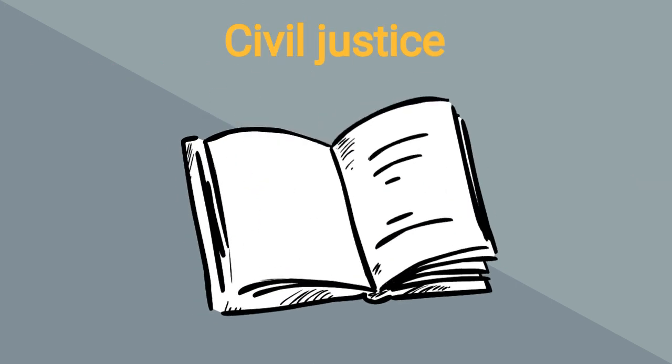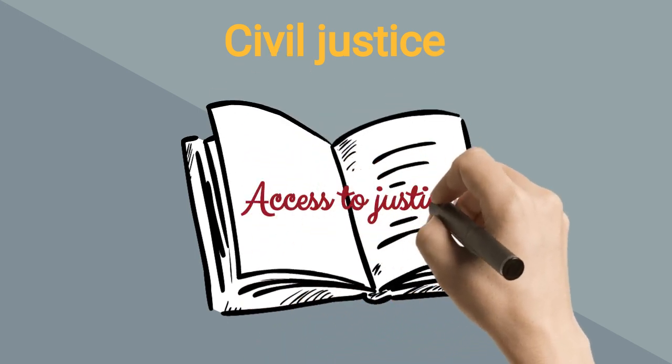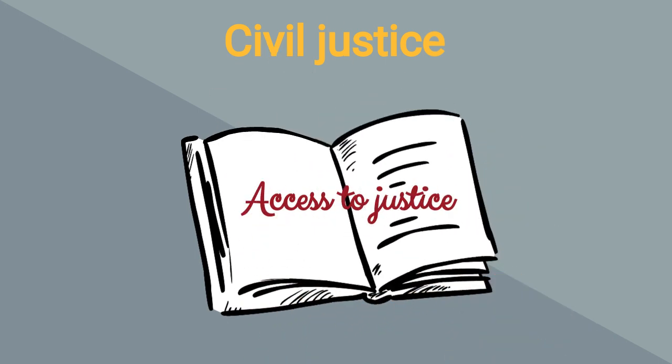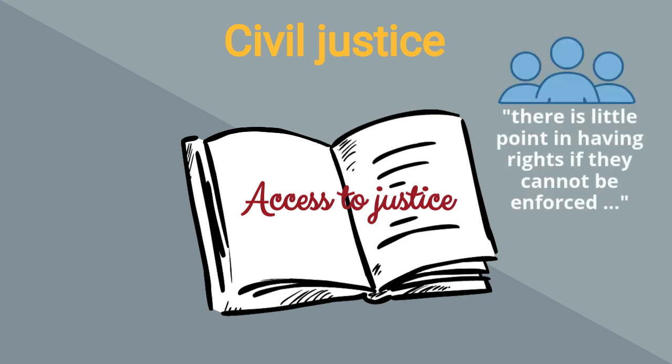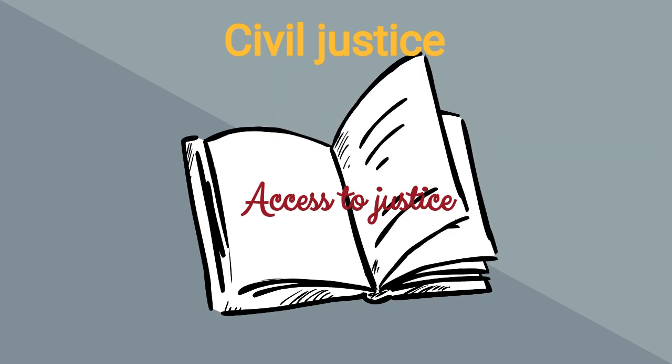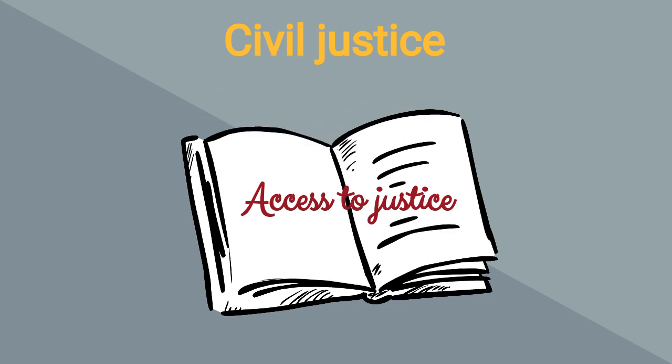In studies of civil justice traditionally, the issue of access to justice has been predominant. This is because scholars and practitioners recognise that there's little point in having rights if they cannot be enforced. In the UK, this means civil justice is often talked about in relation to legal aid.